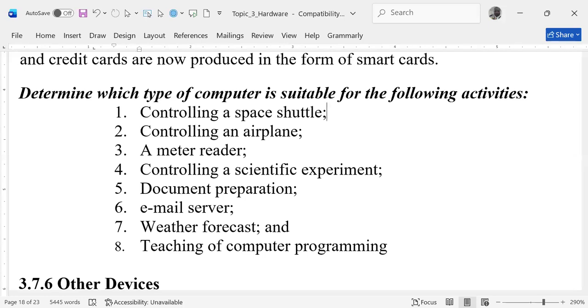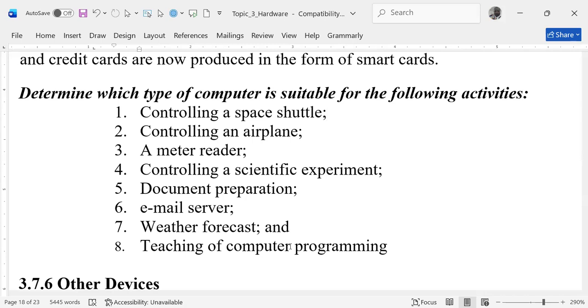Sir, please, I want to ask a question. When you say microcomputer, can you be specific, maybe a desktop or a laptop? Read the heading of the question for me. The question says, determine which type of computer is suitable for the following activities.